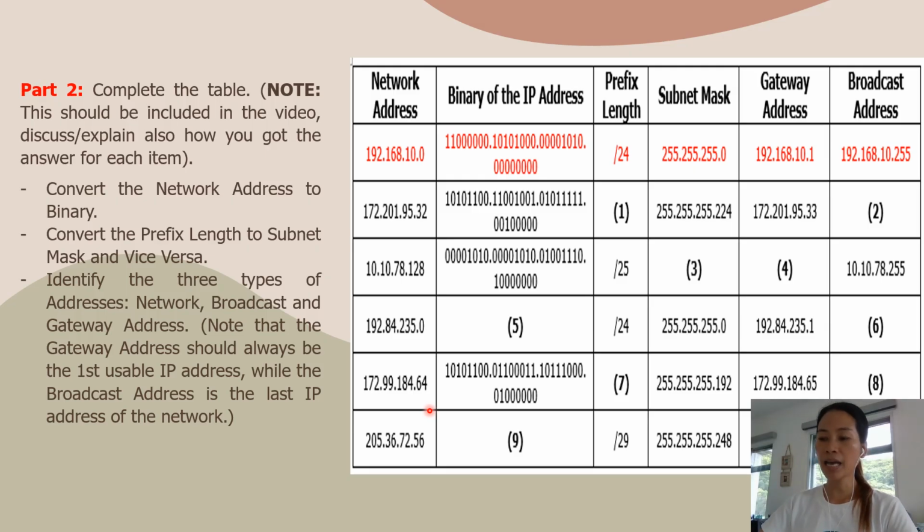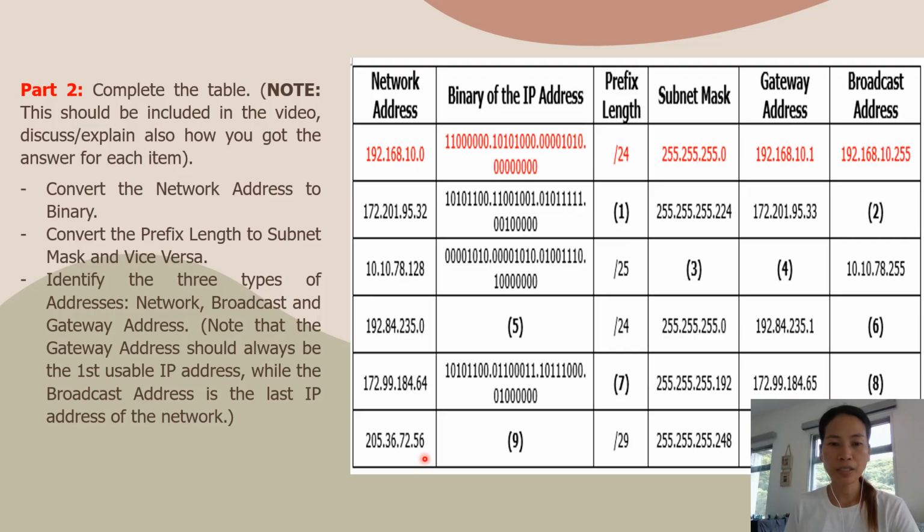So that means I have to add up 64 plus 32 plus 16 plus 8 plus 4 plus 2 plus 1. So it equals 127. So my answer is 192.99.184.127.